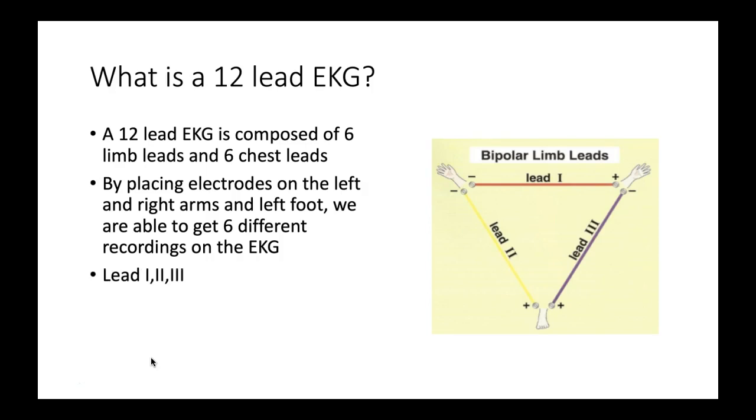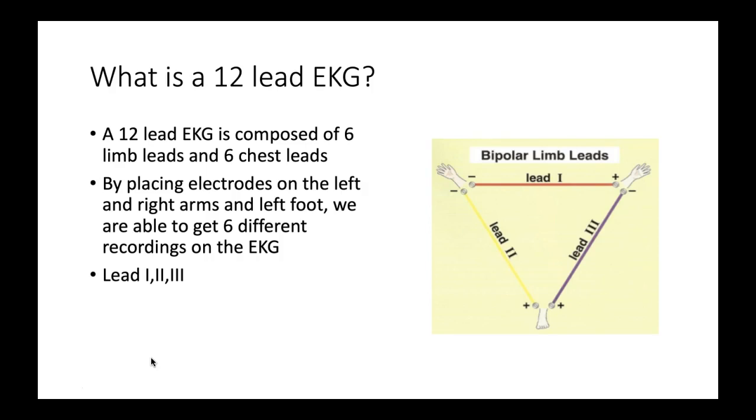So first we'll talk about lead 1, lead 2, and lead 3. And what I want you to just remember from looking at these is where you see the positive electrode, think of that as where your camera lens is sitting. So for example, if you look at this picture at lead 2, the positive electrode is on the left foot, and the negative electrode is on the right hand.